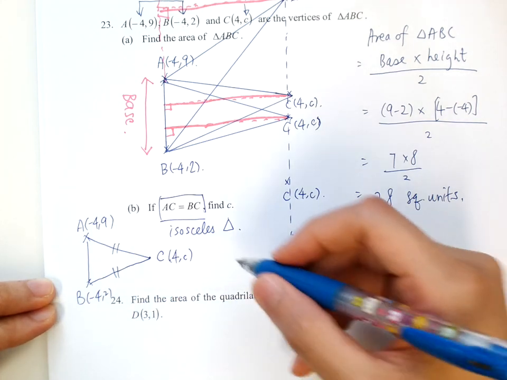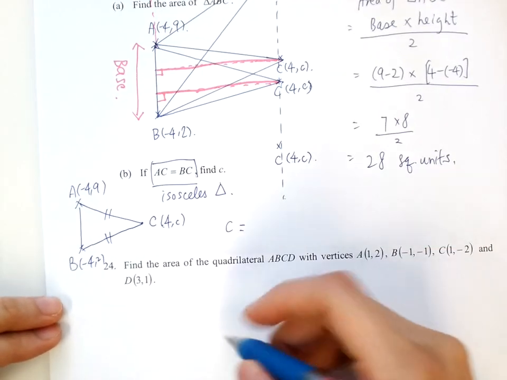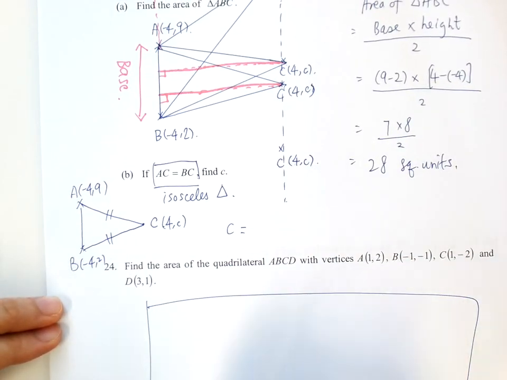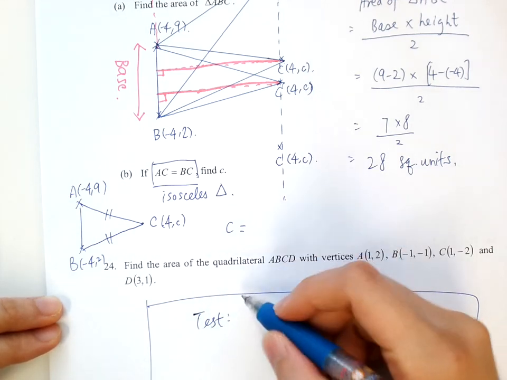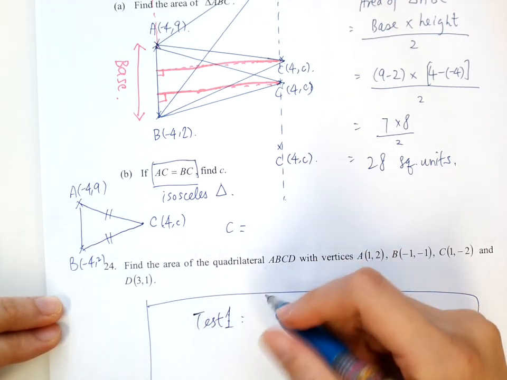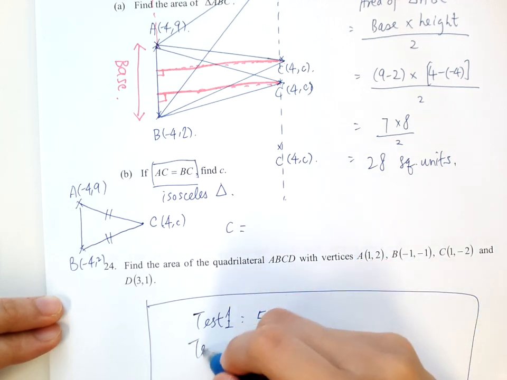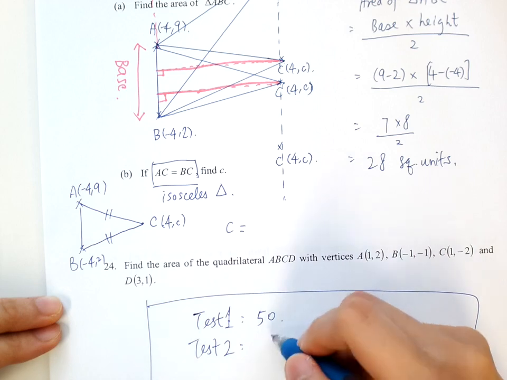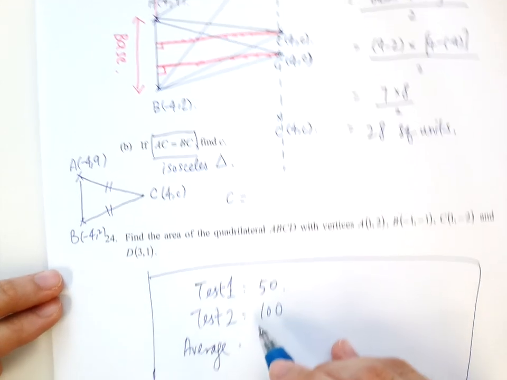So how do we calculate the middle value? Let me use the space below here. Suppose the mark of your last test is 50 marks, and the mark of test 2 is 100 marks. What will be your average, or even you can say the middle value of it?